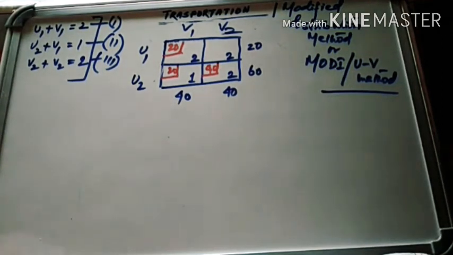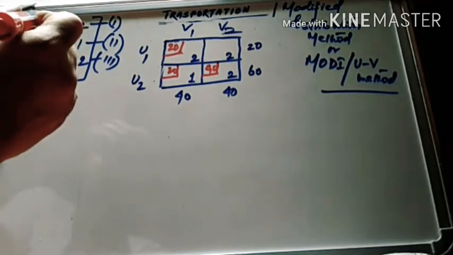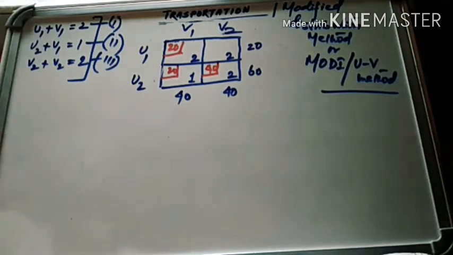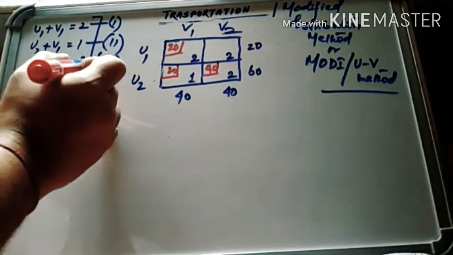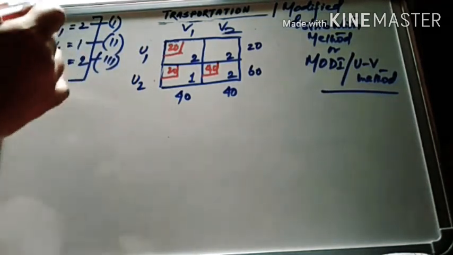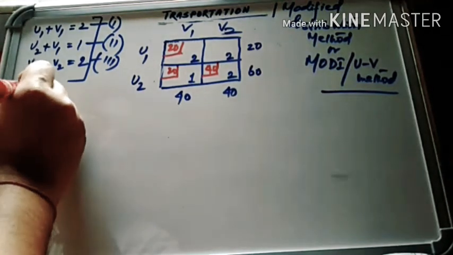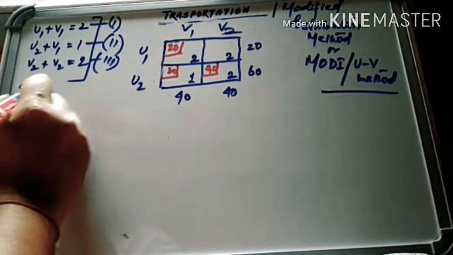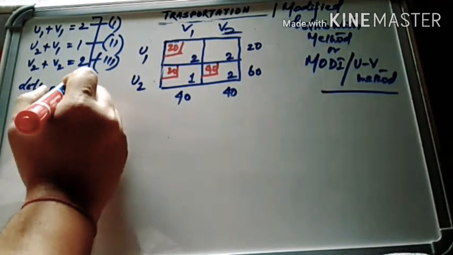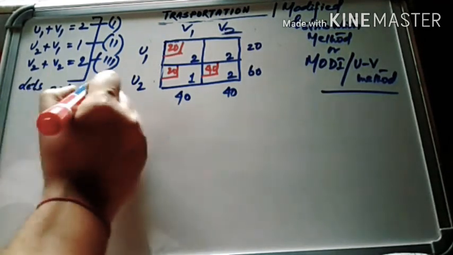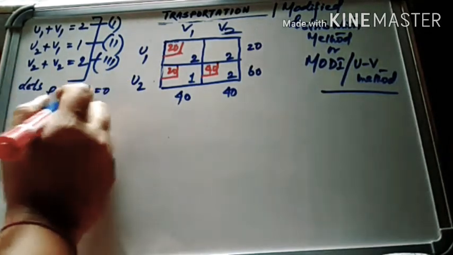So in order to find the values of the 4 variables, we have to take a variable as 0, because we are not having 4 equations, but we are having 4 unknown variables. So let's put U1 equal to 0.